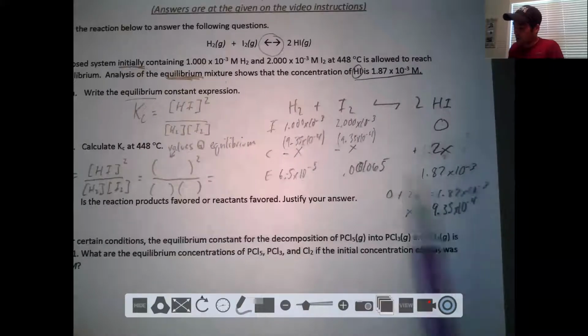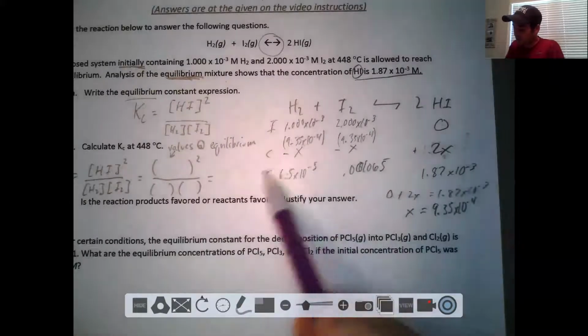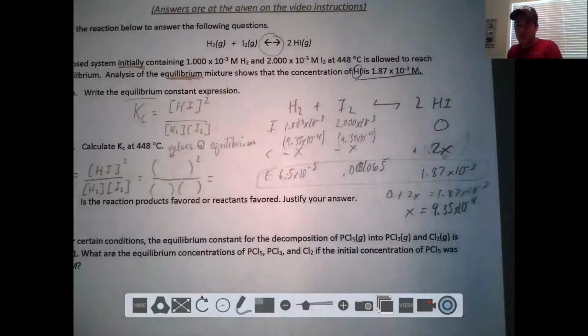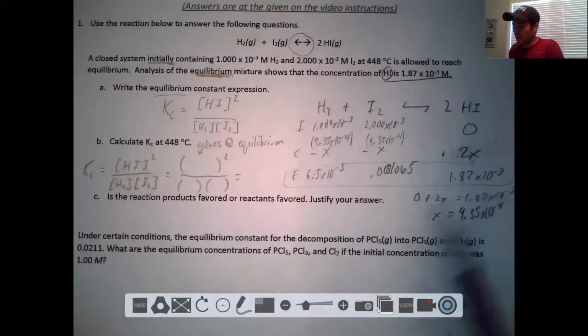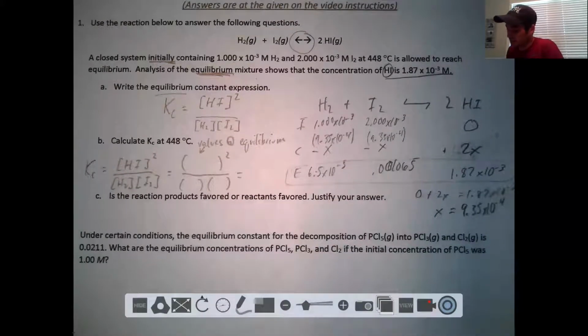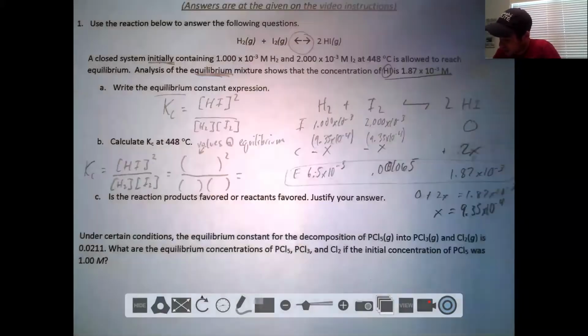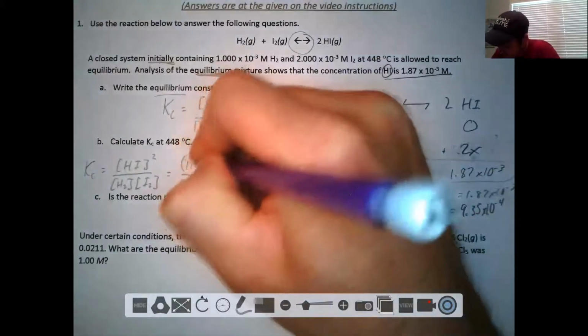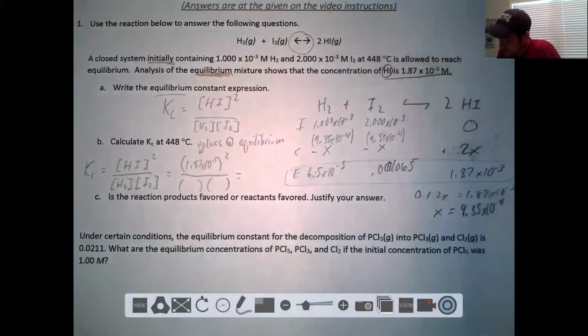And so now that we have all 3 of those values at equilibrium, all we have to do is plug them in to that equation right there, and we then solve for the K constant. And so HI is 1.87 times 10 negative 3.